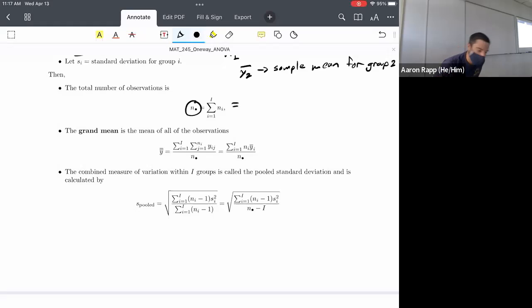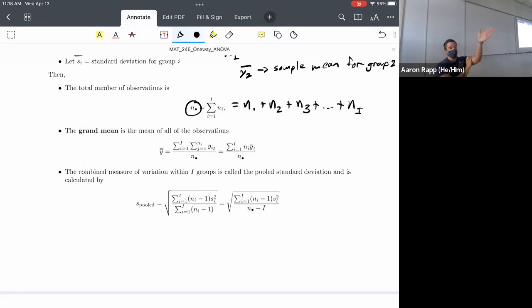I take the number of observations I had in the first group, add it to the number of observations I had in the second group, the third group, and keep adding them up until I get to the very last group. So conceptually, just add up all of your group sample sizes together, and that's the total number of observations that you had.